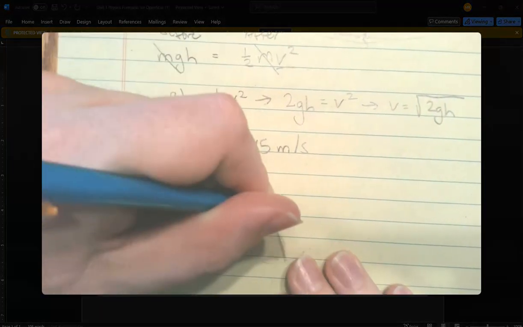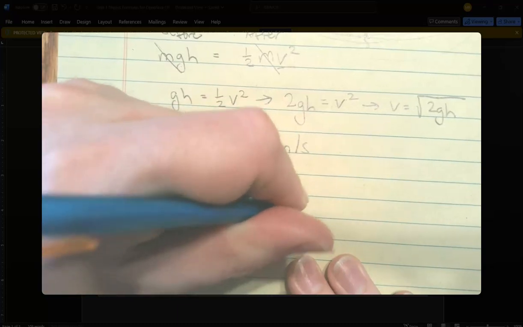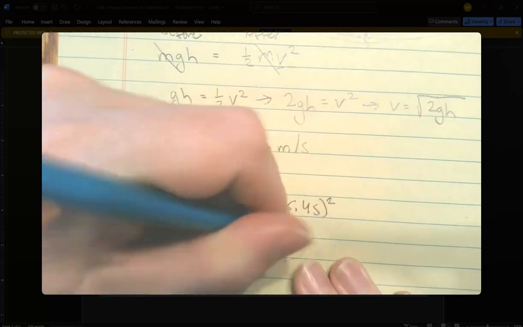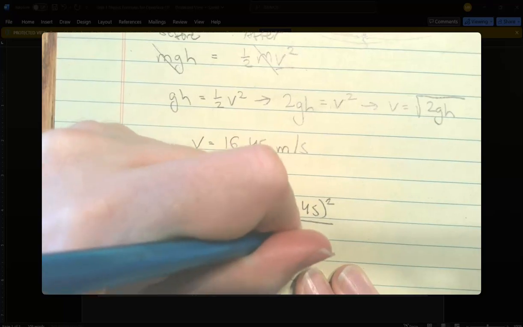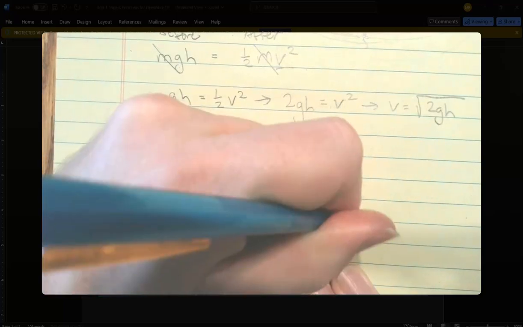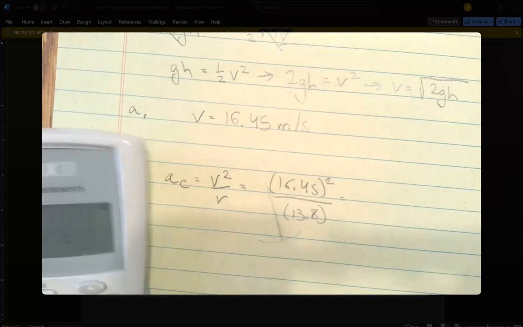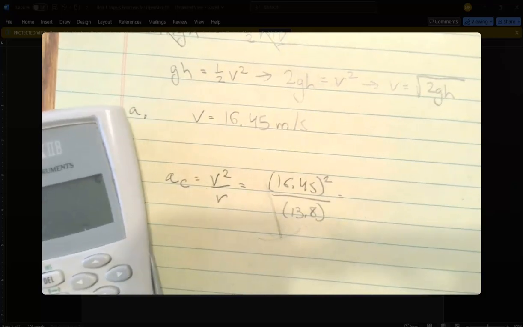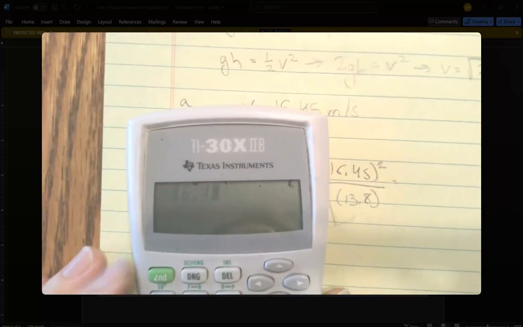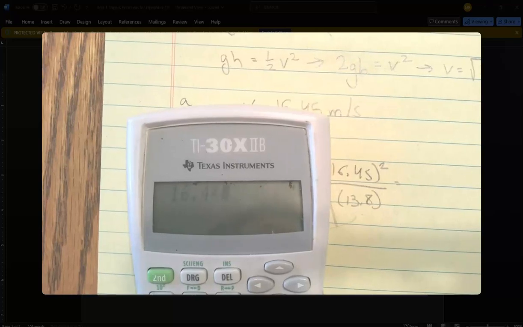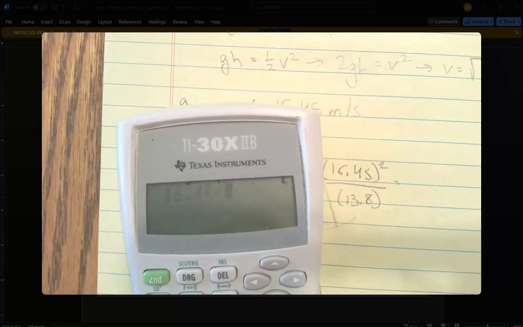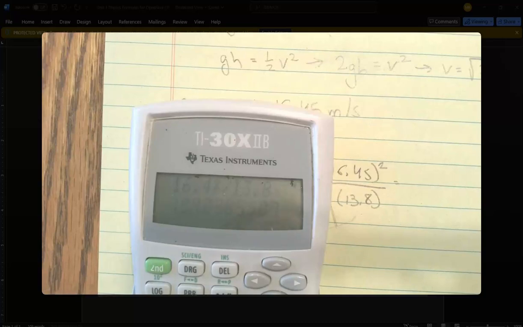So in this case, we're going to have 16.45 squared over r, which is 13.8. And I'll go ahead and use the rounding that they provided. So I'll use 16.4 squared divided by 13.8.